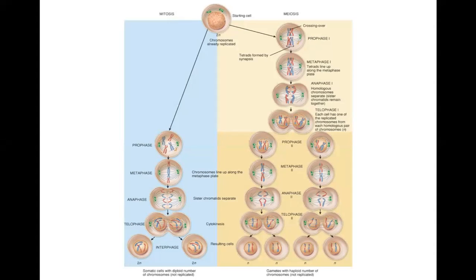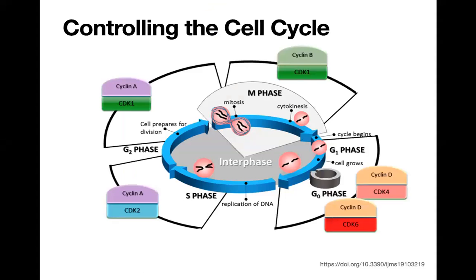So mitosis is only a very small part of the cell cycle, as you know. The cell cycle consists of M phase, G1 phase, S phase, and G2 phase. M phase is where the cell is dividing. This goes on to a G1 phase where the cell grows.